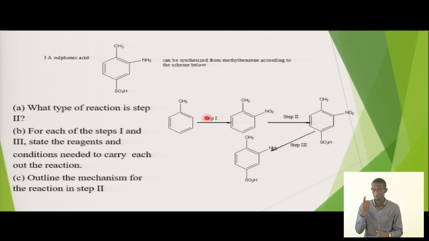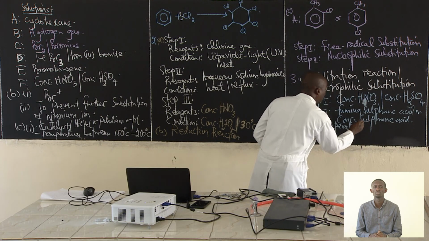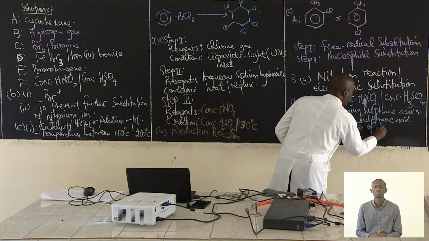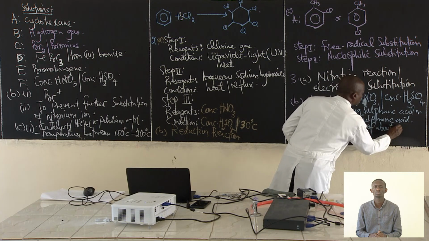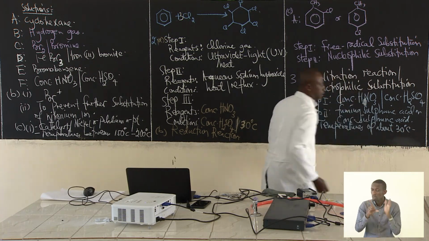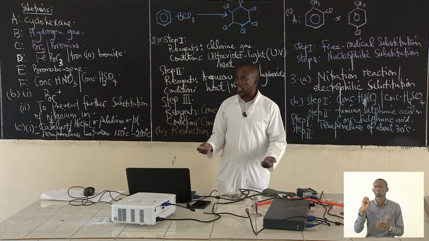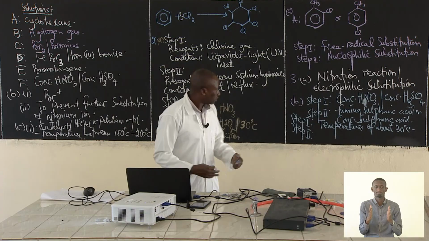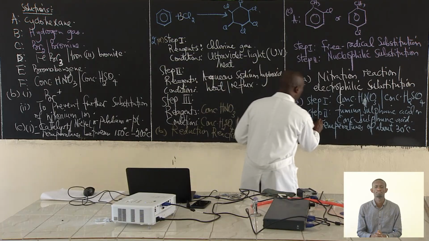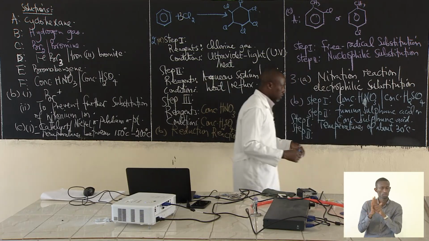In step number 1, we need a temperature of about 30 degrees Celsius. The presence of the acid is also important, and sulfuric acid can also be used as a reagent.